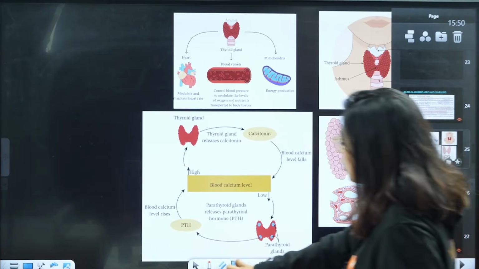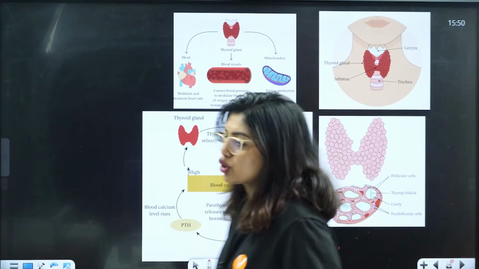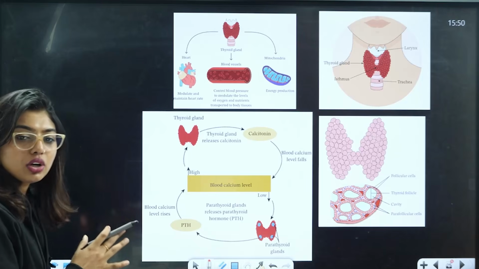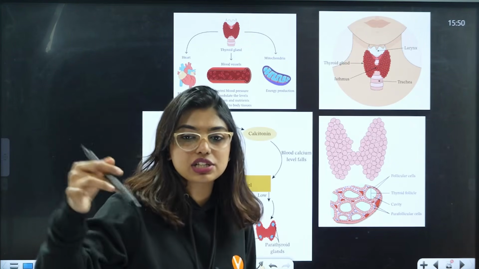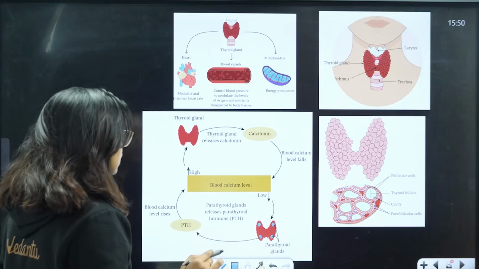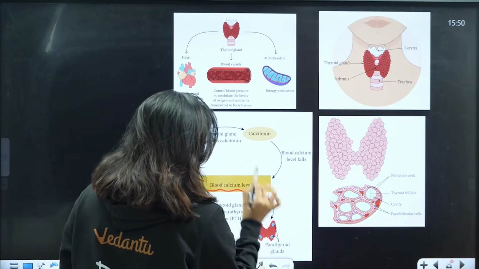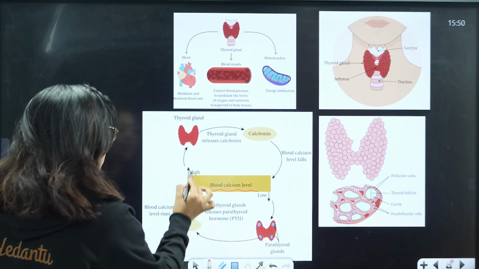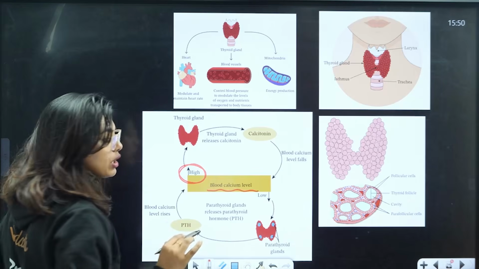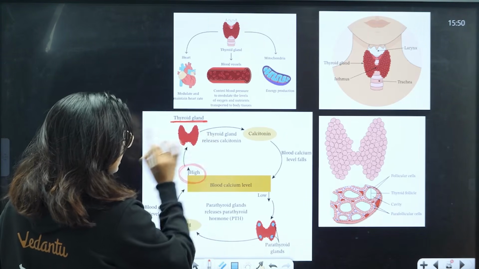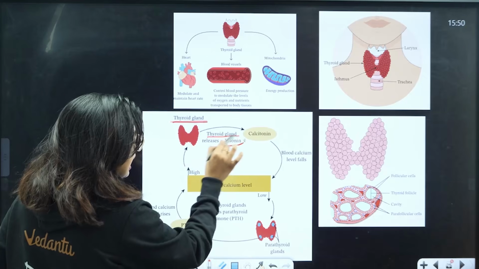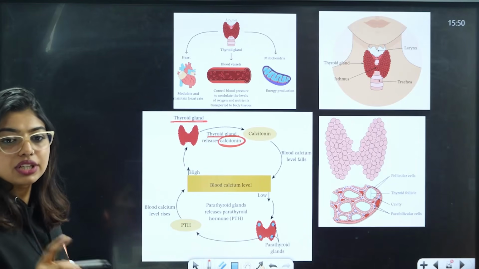So students, this is the flow chart that you have to remember. In the flow chart the colors look a bit bright, but in the PDF it will be correct, the PDF will be in the description box. So what is going to happen, students? Blood calcium level. Now imagine blood calcium level is high in our body. If it is high, then the thyroid gland will release calcitonin.